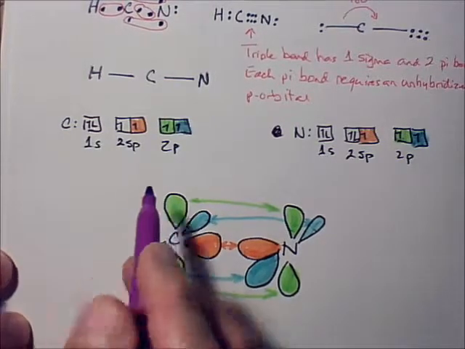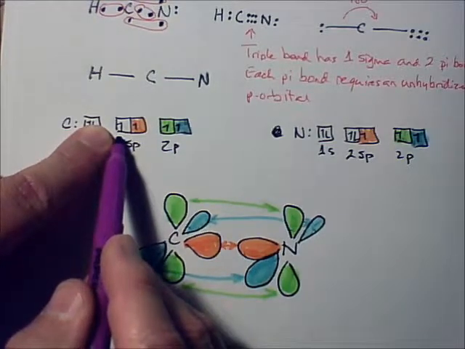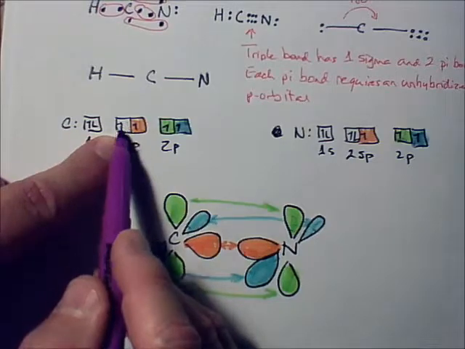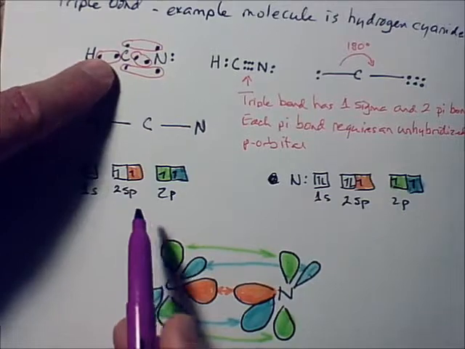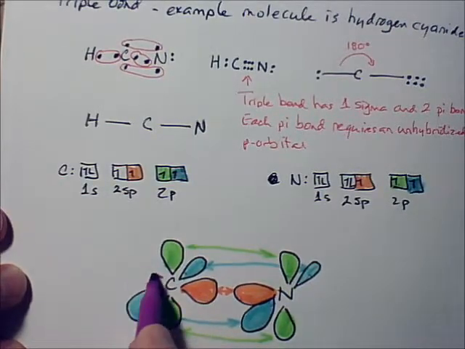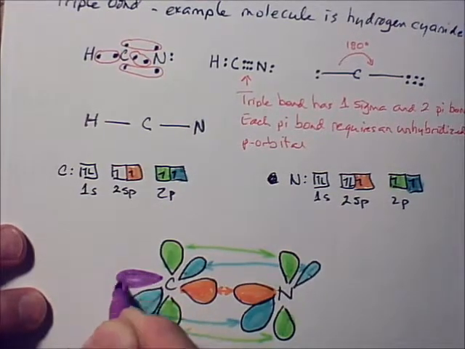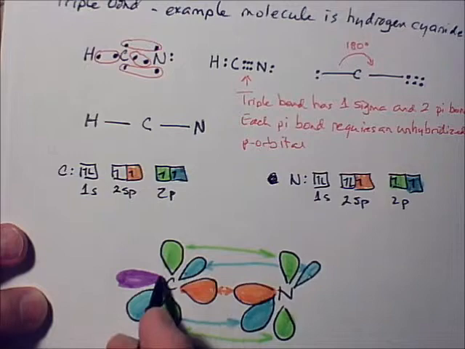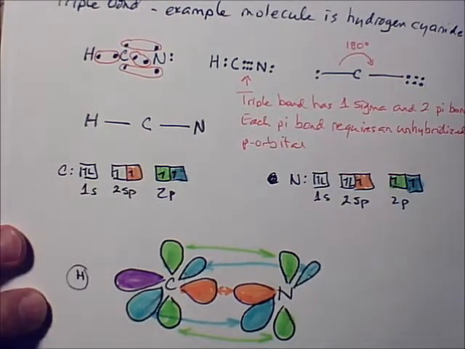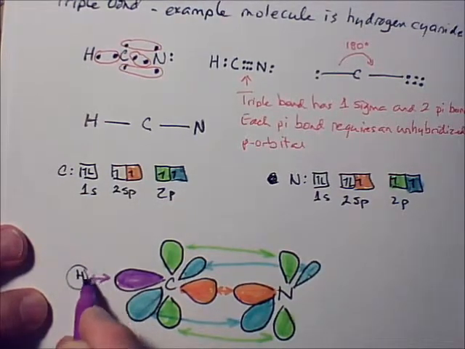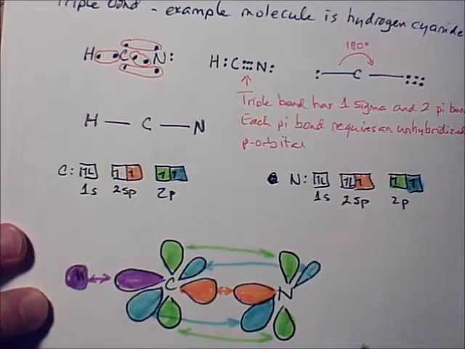I've forgotten now. All right, now this hybrid orbital right here is only half full. It has one electron in it. It wants to share. That's where we share this hydrogen here. So this is a hybrid orbital that's going to form a sigma bond because that bond is directly on a line between the two nuclei.